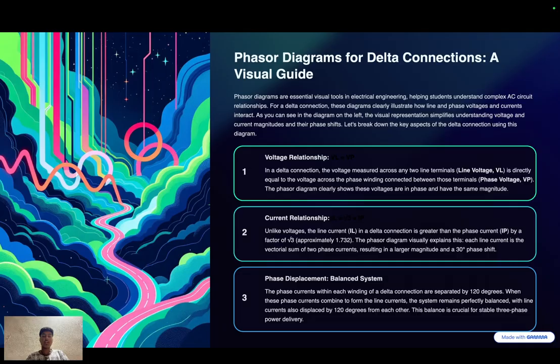The resulting line current phasors are root 3 times greater than the phase current and lag by 30 degrees. The graphical representation makes it much easier to understand how current divides and combines in delta systems, something that's not immediately obvious from equations alone.